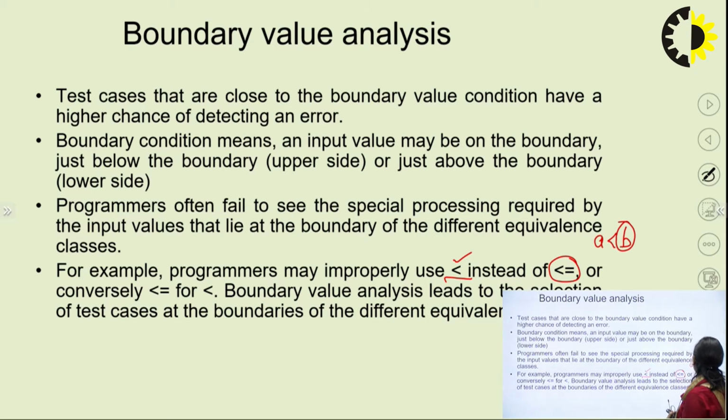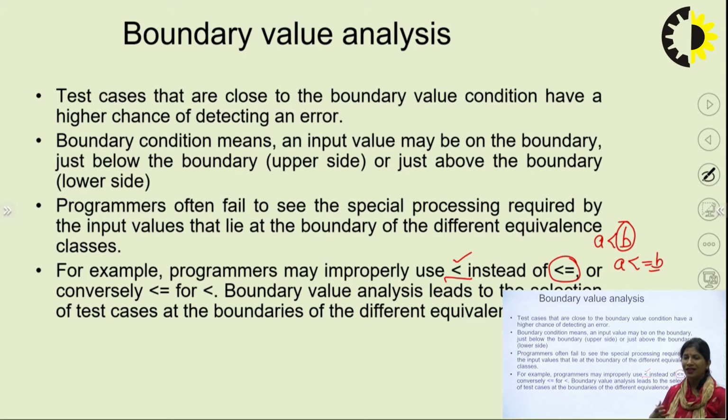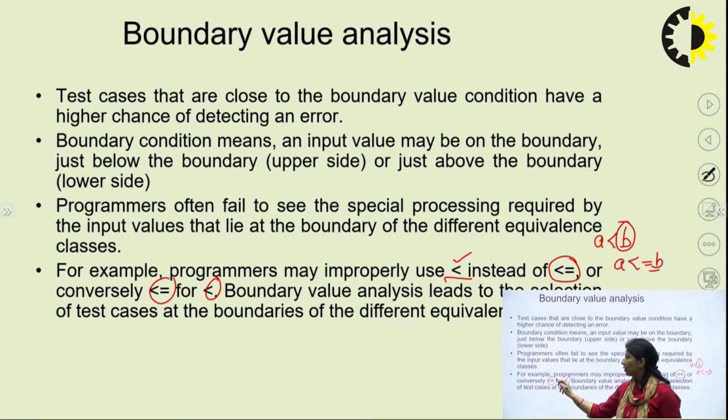If I write less than or equal to, that means I am including B also. Conversely, it may be reversed. If I don't want to include the boundary, then I have to use only this symbol. If I have to include the boundary, then I have to use equal also.